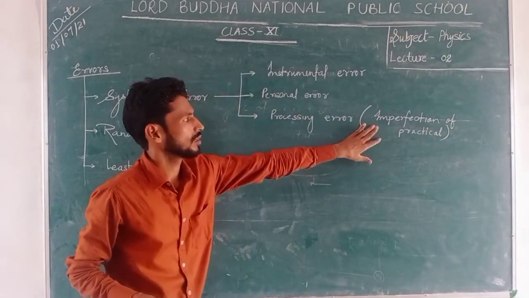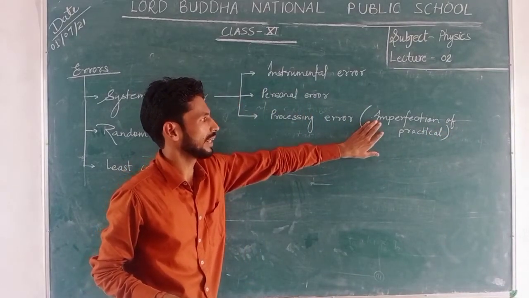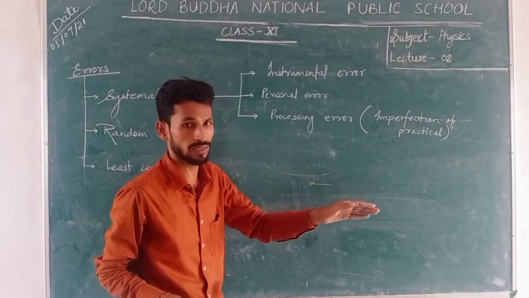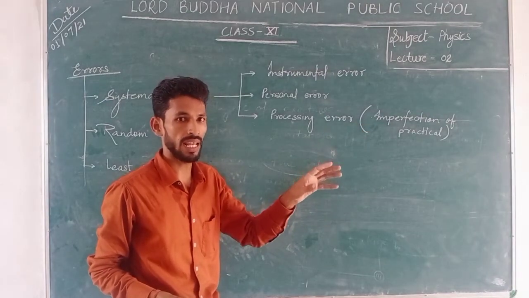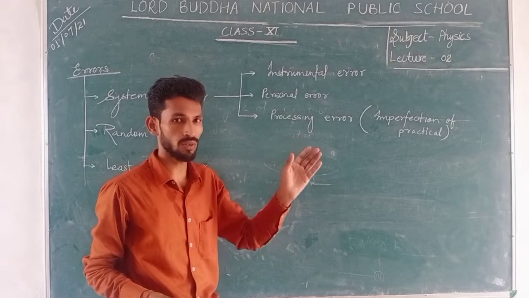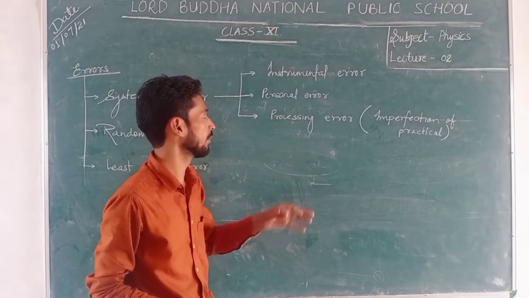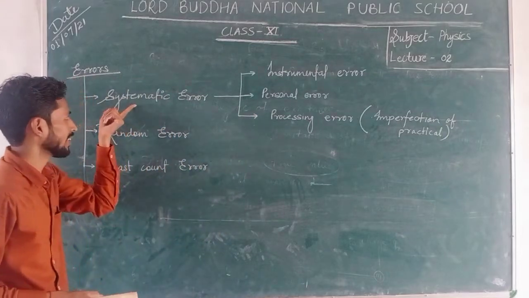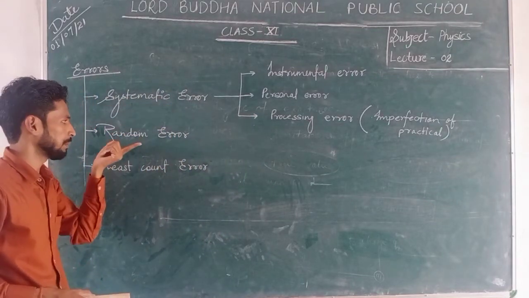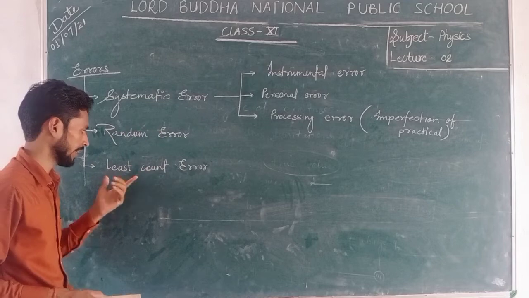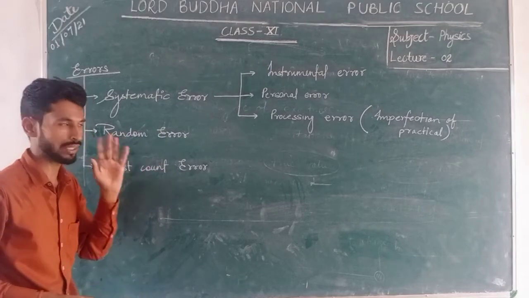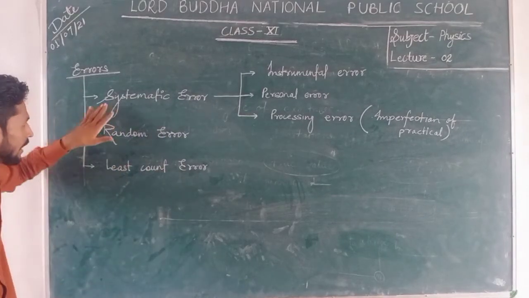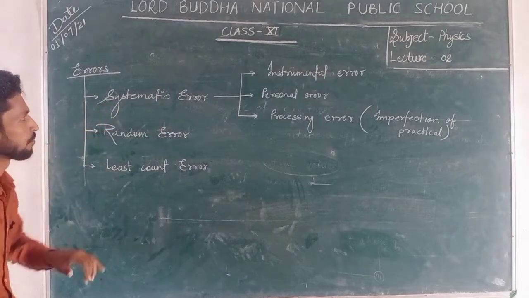In this process, there are several terms that are used to calculate the error when we are going to measure any physical quantity. So there are three types of errors in the category of systematic error. But the random error is simply one thing, and the least count error is simply one thing. So we will start with systematic error.